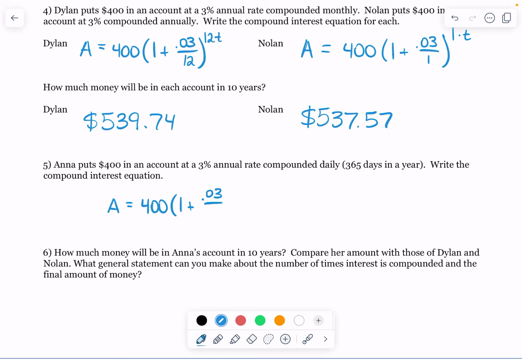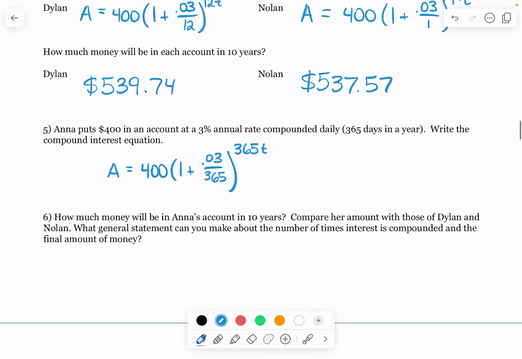This time it's compounded daily, so 365 times in 1 year. And if we want to see how much that makes in a year, or in 10 years, to compare to Dylan and Nolan, we can plug in 10 for t. And so go ahead and pause the video, calculate that, and you can write your answer there for number 6.